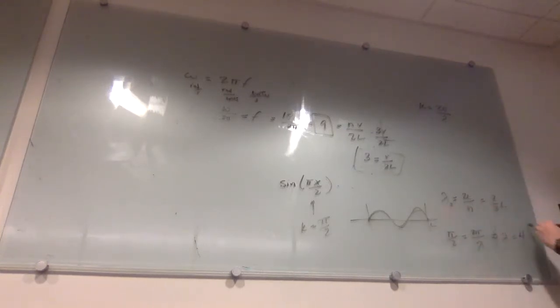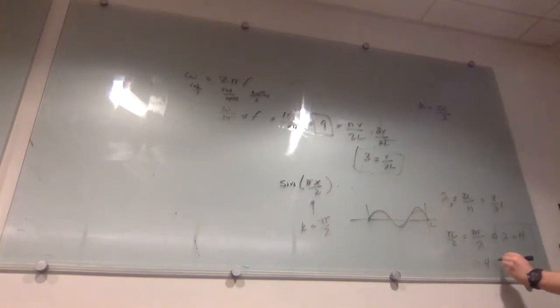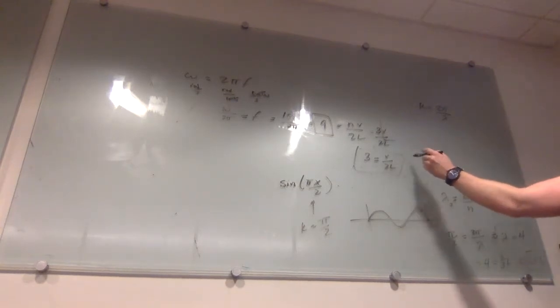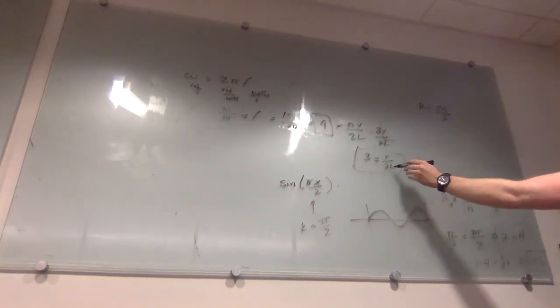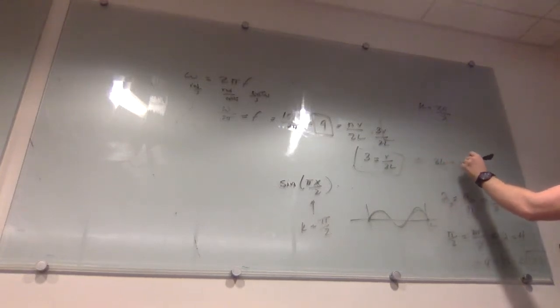So lambda is 4, and therefore we can find L. So therefore 4 equals 2/3 of L. So L is 6. 4 is 2/3 of 6. And, okay, so we have L is 6, and now we can plug in 6 here. So 2 times 6 is 12, times 3 is 36, is V.